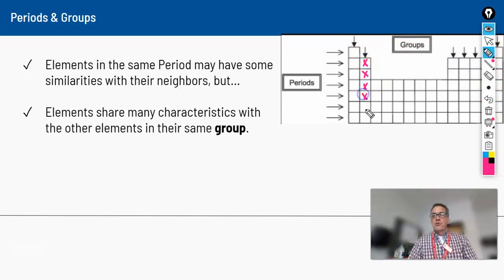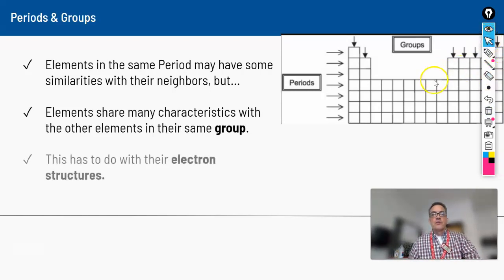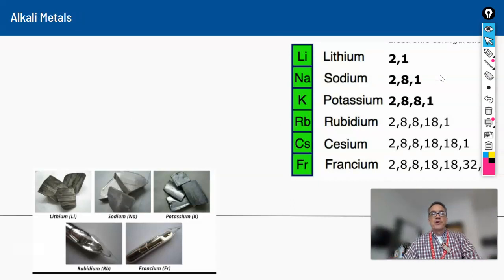So this group where I'm putting all these X's, even if we didn't know anything about them, because they're in the same group, or another word that's sometimes used is a family, these elements would all tend to behave the same, or they may share a lot of physical properties and chemical properties. They wouldn't be identical because structurally they're just not exactly the same, but they would tend to behave and react in very similar ways. So again, that has to do with their electron structure, and particularly the outside shell, those valence electrons.